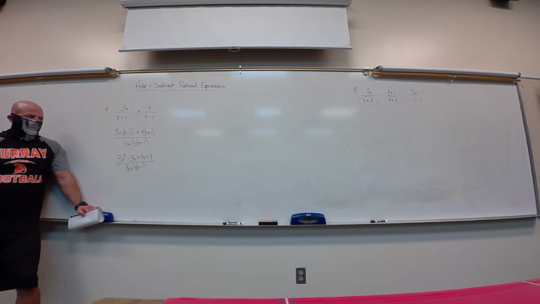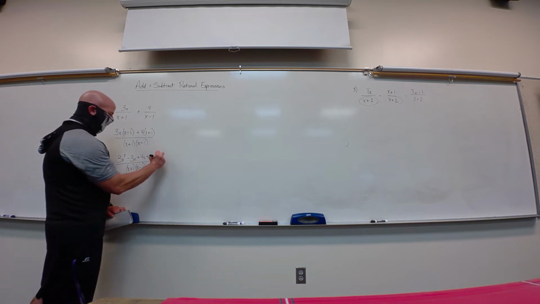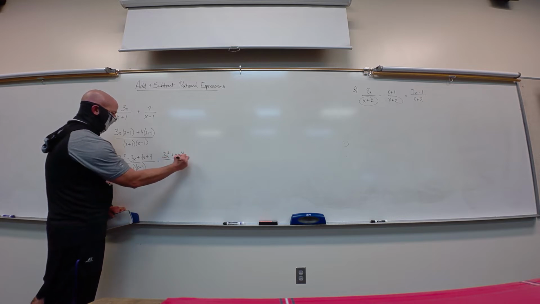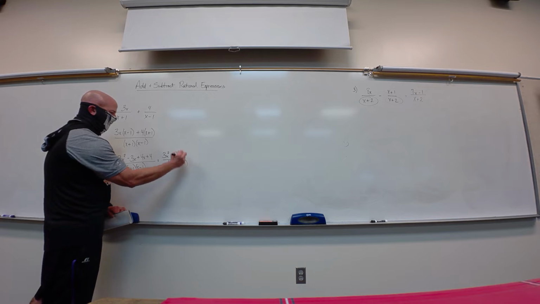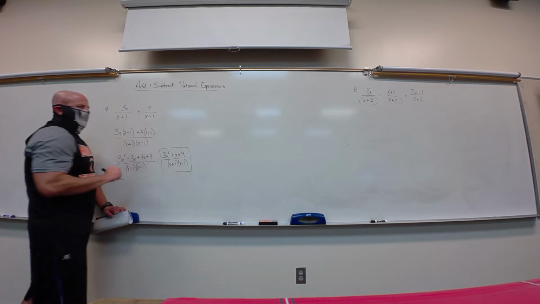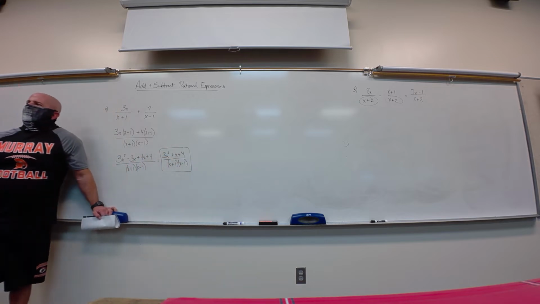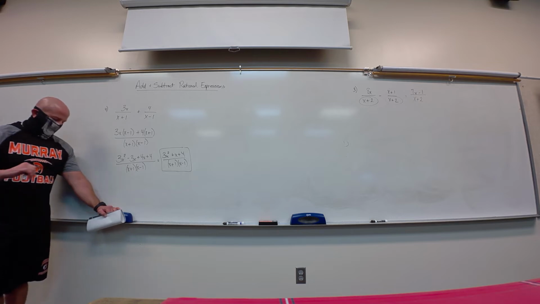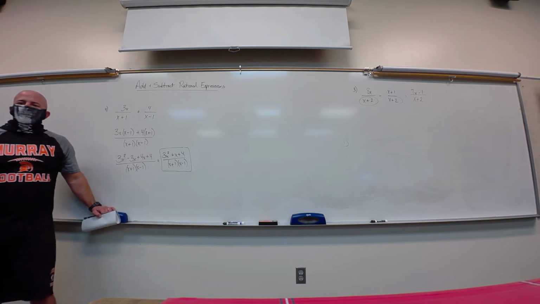Now I can still put some like terms together there. I got 3x squared plus x plus 4 over x plus 1, x minus 1. Now, what should be locked in your mind by this point, especially after last unit?